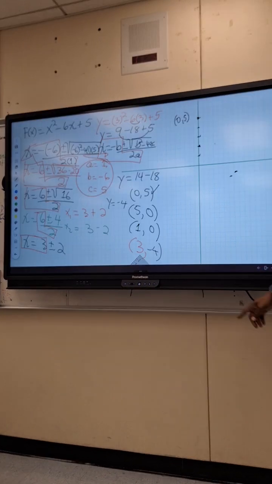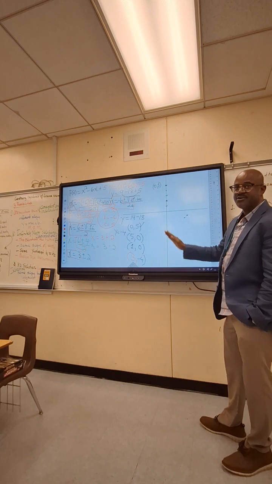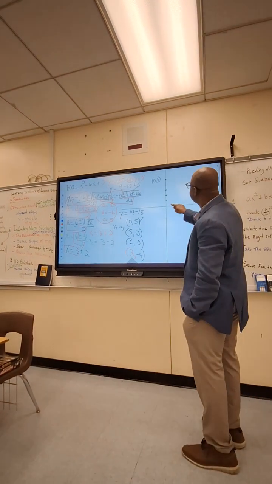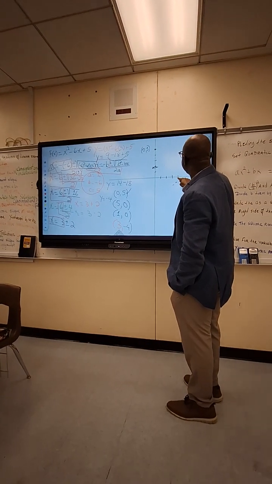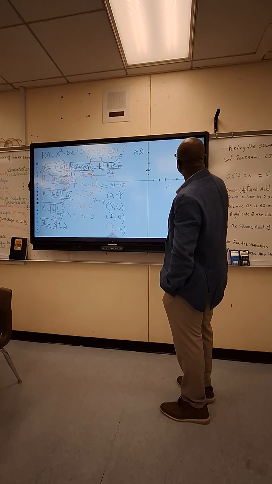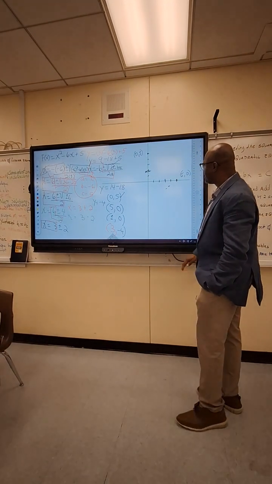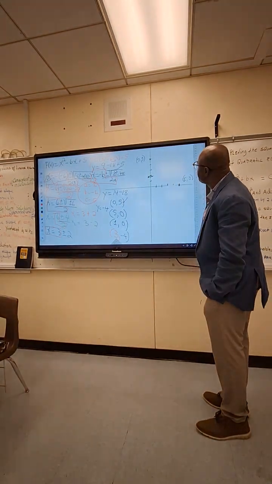Next one is, so where do you go to find 5, 0? 5 to the right. 1, 2, 3, 4, and 5. That will be 5, 0. And the other one is what? 1 to the right.